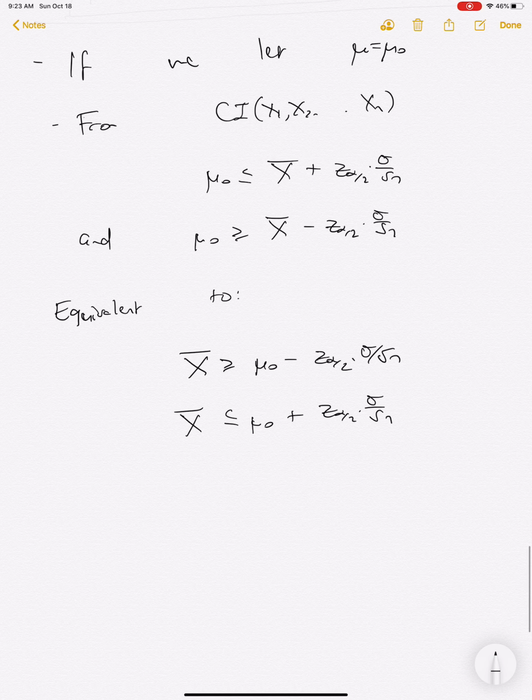And this is equivalent to x bar is between mu0 minus and mu0 plus z alpha over 2 times sigma over square root of n.